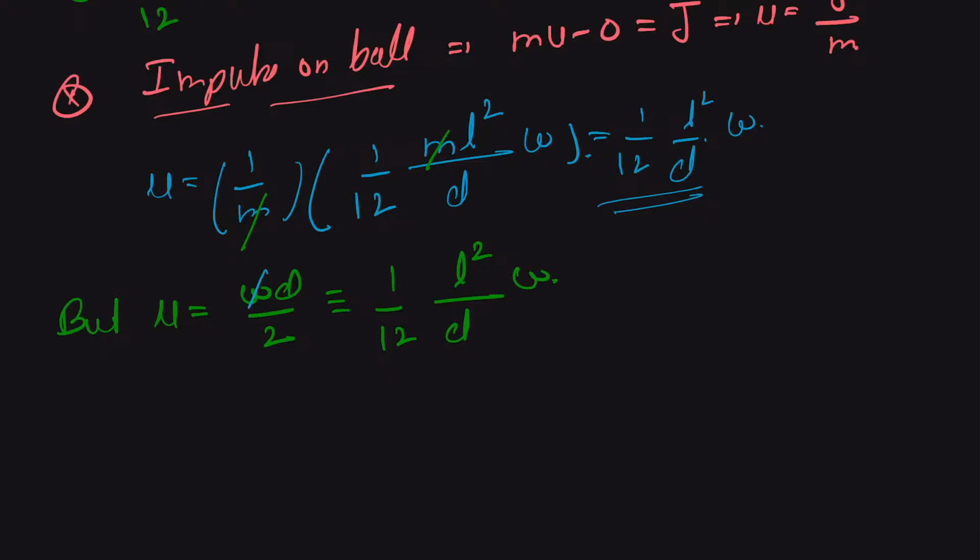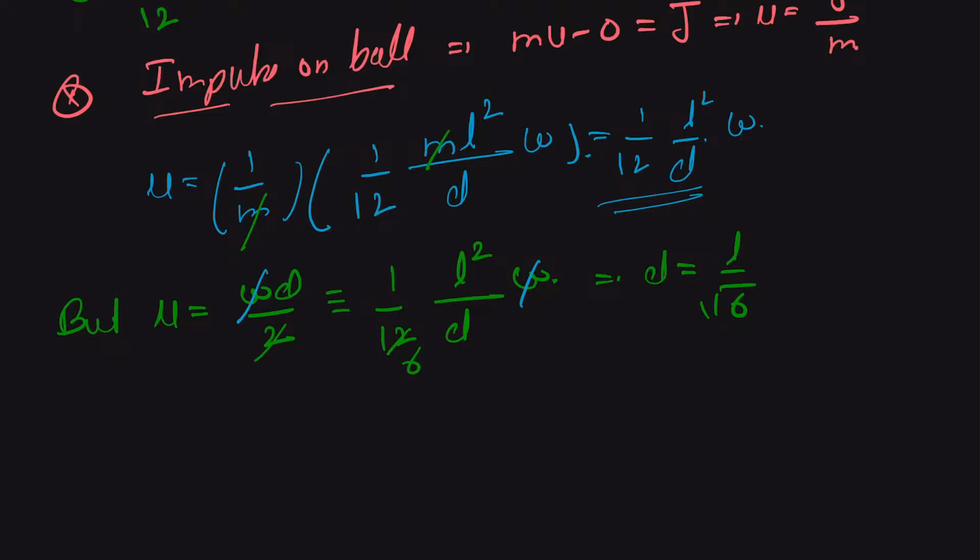And here this omega cancels out, and this gives us d square, and this goes by 6, so we get d will be equal to L upon square root of 6.